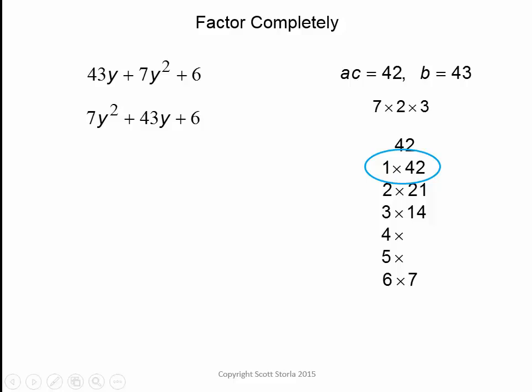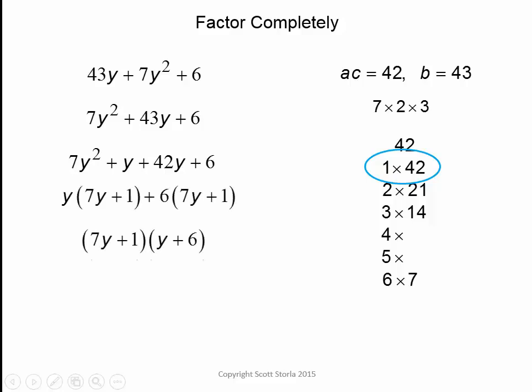The product is positive 42, the sum is positive 43, so I return to my trinomial and write 7y squared plus y plus 42y plus 6. Last, I factor by grouping. Make sure you multiply to check your work.